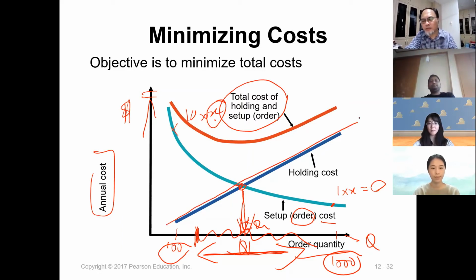Holding is going to increase. Holding means you keep the stock. If you keep more, obviously the cost is going to be higher. So this is the whole concept of EOQ. We try to minimize total cost. Minimize means to make it as low as possible.